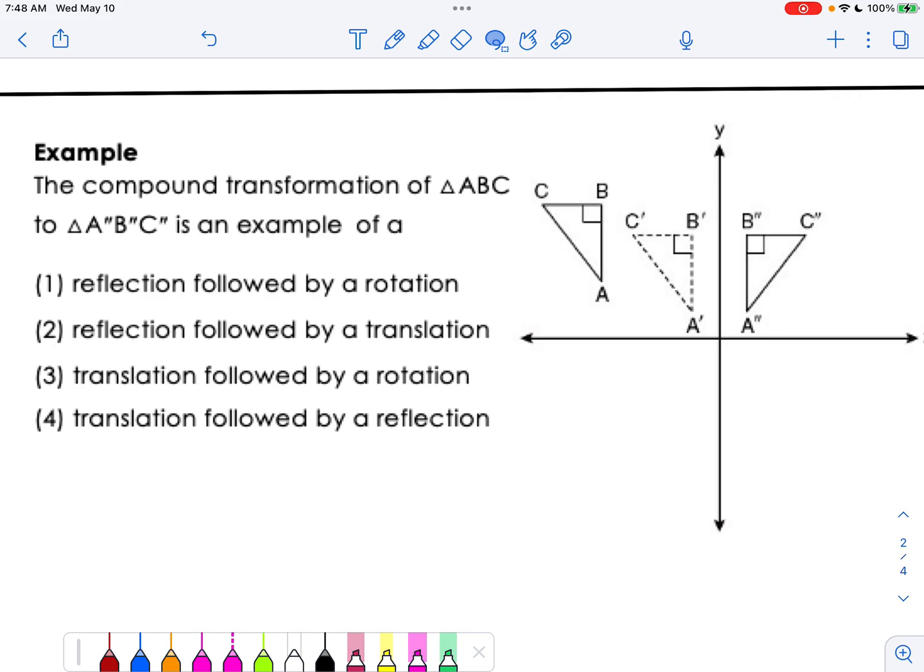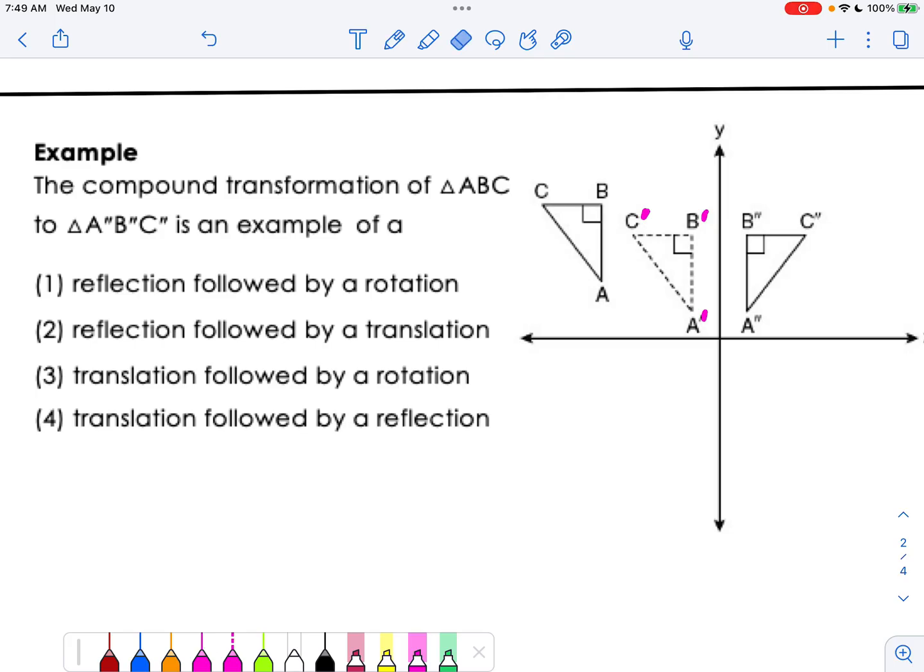The first thing we need to notice is which triangle is the original, which one is the first transformation, and which one's the second one. The way we tell that is by these little tally marks.